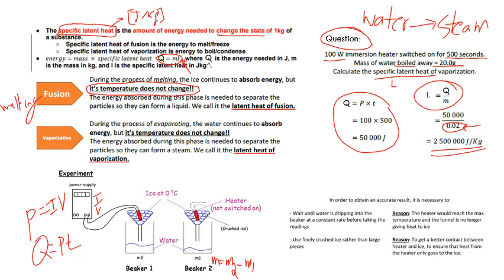Now there are some precautions in the experiment of finding the specific latent heat. If you remember, we did not start the experiment until we saw there was a change in the temperature. And in this experiment, we don't start recording the time until we see the water flowing down at a constant rate.